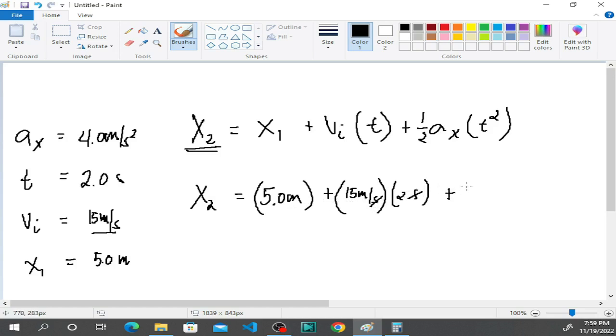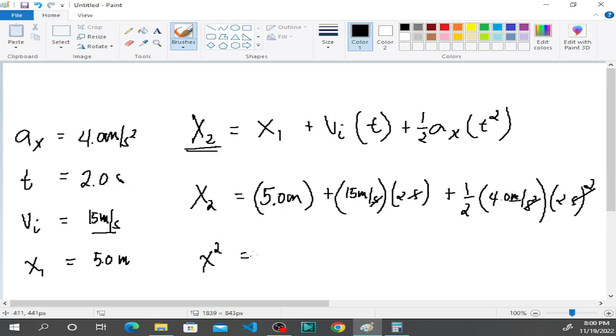All right, plus 1/2. 1/2 is a constant that comes from the derivation, and then we have the value of the acceleration, which is 4.0 meters per second squared. So second squared here is in the denominator, and we have 2 seconds raised to the power of 2. So s times s is s squared, so this will cancel out, and what remains is meters. So you have the same unit, so you can add them all together after simplification.